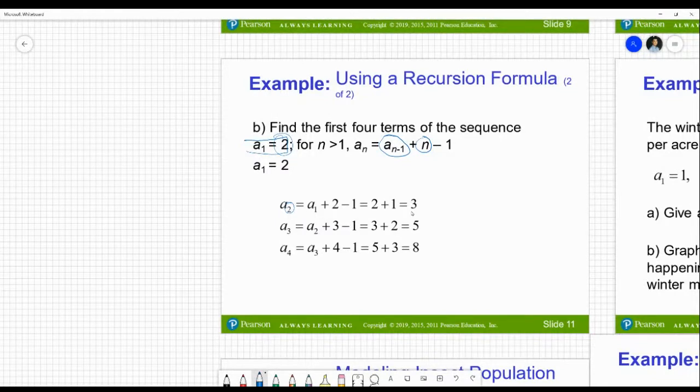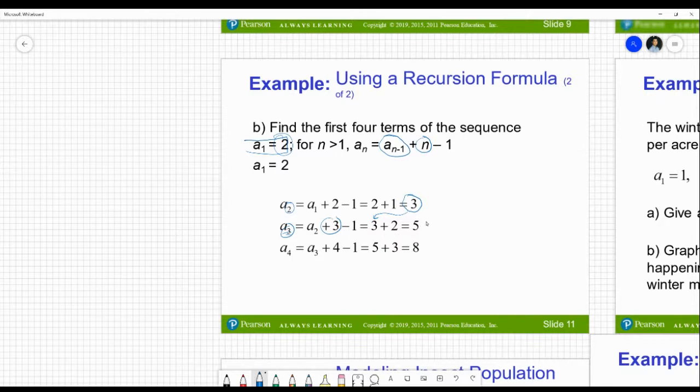So 2 plus 1 is 3. Then we take that and plug into the next one. The previous term is 3, plug it in, 3 plus 2, because we simplify this. Our term number is 3, so that's the n value, minus 1 gives us 2. 3 plus 2 is 5.